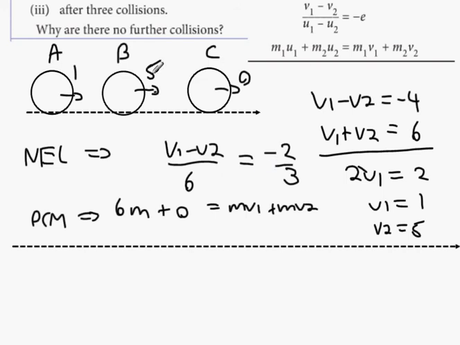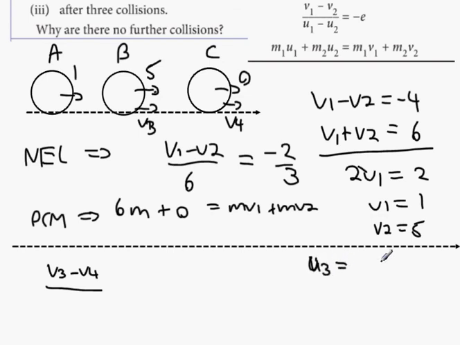So after this collision, we're once again going to use V1. We can use V3 and V4 just to signify that it's a second collision, okay? So we're going to have V3 minus V4 all over U3, sorry, let's make a list.